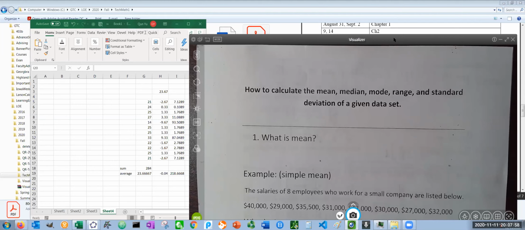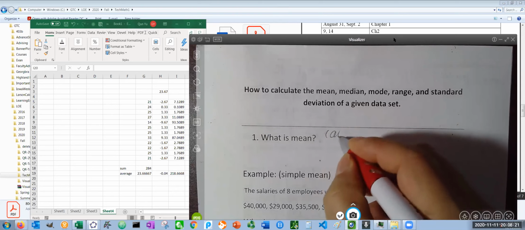So that's why we have statistics. Any number that is the result of a calculation using those raw data, we call it a statistic. Usually it's from a sample of the data set. So now let's look at our first topic. What is the mean? Mean is another way to say average.